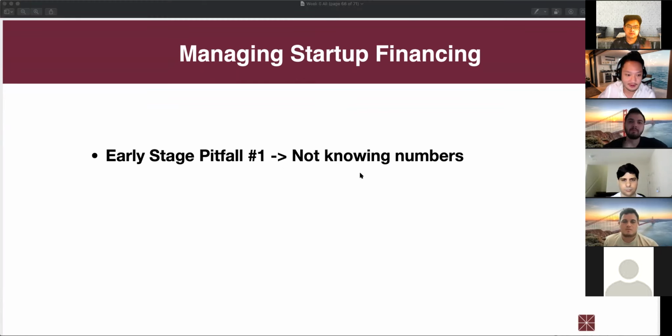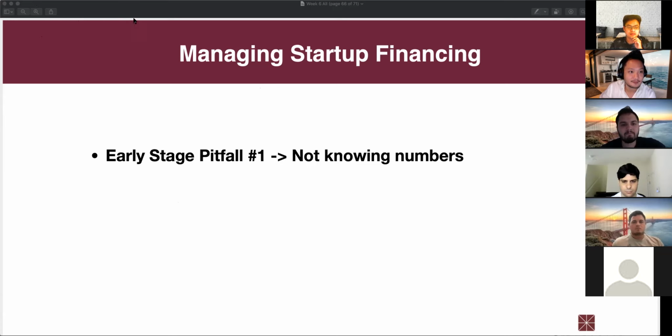Can anyone help me out here and mention those three? Is it the bank balance, money going in, and then money going out? Mm-hmm. And what else? Growth rate? Yep, growth rate. And then there's burn rate as well.